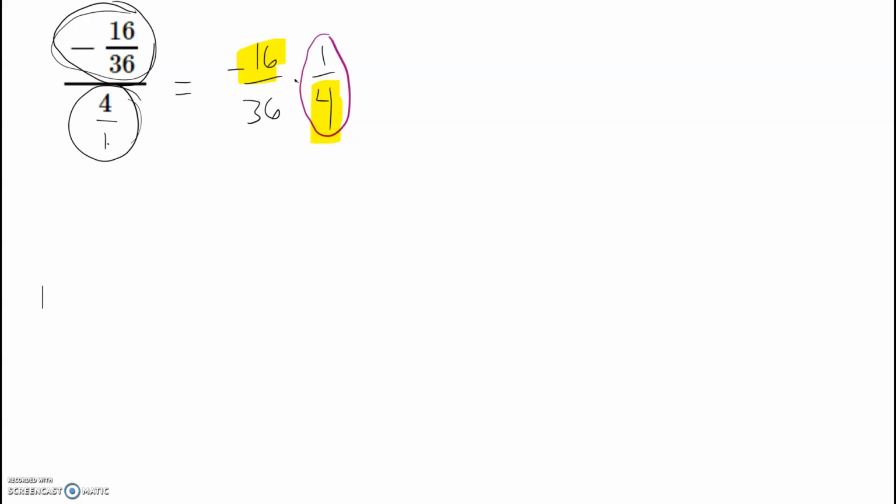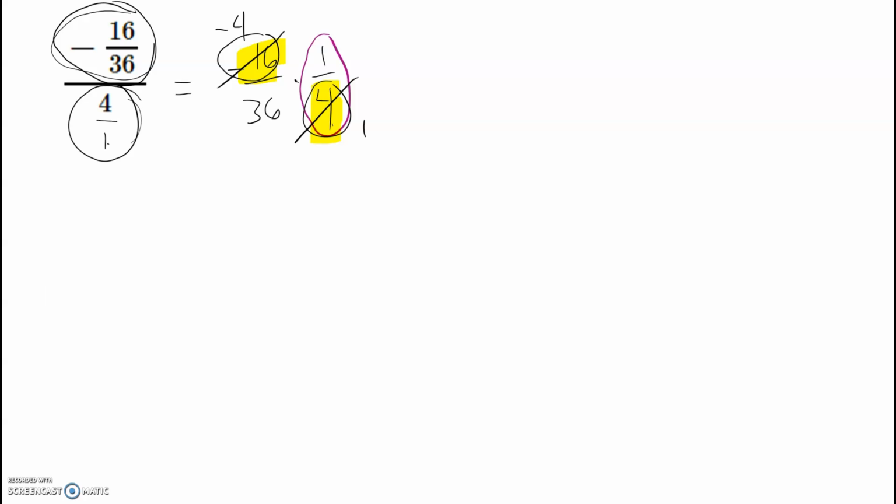That is, this is ultimately 16b divided by 4. 16 divided by 4 is 4, or the way that I've always taught it is you find a number that goes into this and this, one from the bottom, one from the top, and you divide that number 4 and that number 16 by the same number. So what's the biggest number that goes into 4 and 16? It's 4. So you divide 4 into 4, it goes 1 time. You divide 4 into negative 16, it goes negative 4 times.